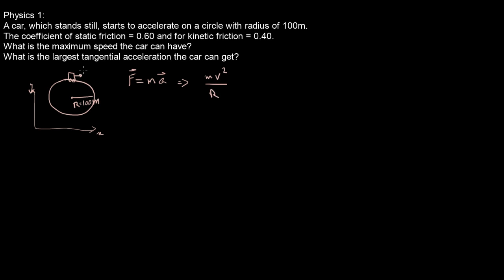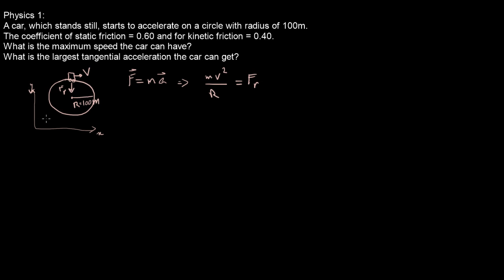So v is the tangential speed, which is asked, and r is the radius, equal to the radial force. Let's say F r, and it has to be toward the center. So the only force that is in the radial direction is the friction.